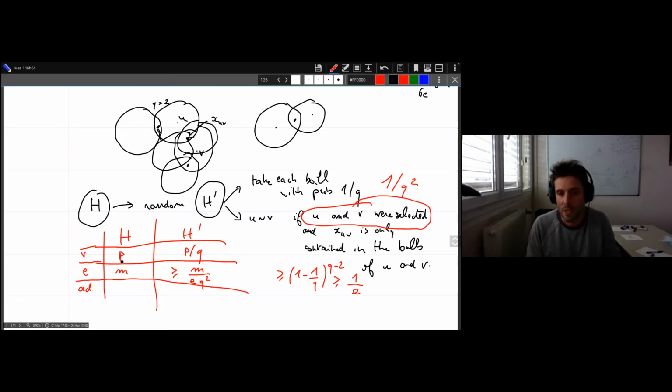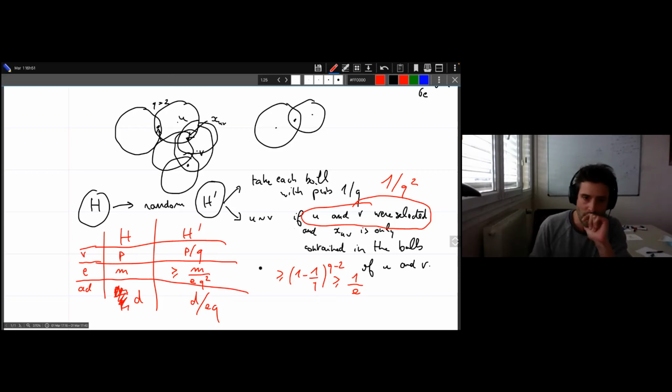The average degree is the ratio between these two things, so M divided by P. The number of vertices was divided by Q, and the edges by eQ squared. So let's call the original average degree D. Now we have D over eQ. The average degree was divided by eQ.